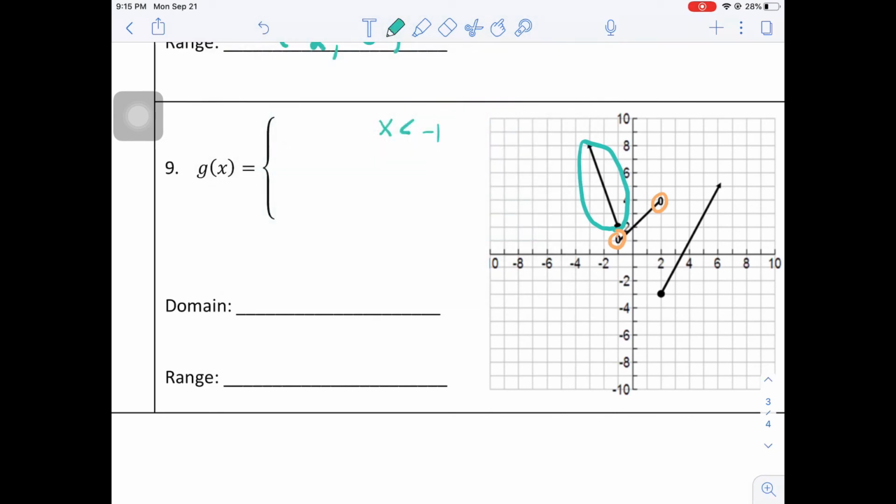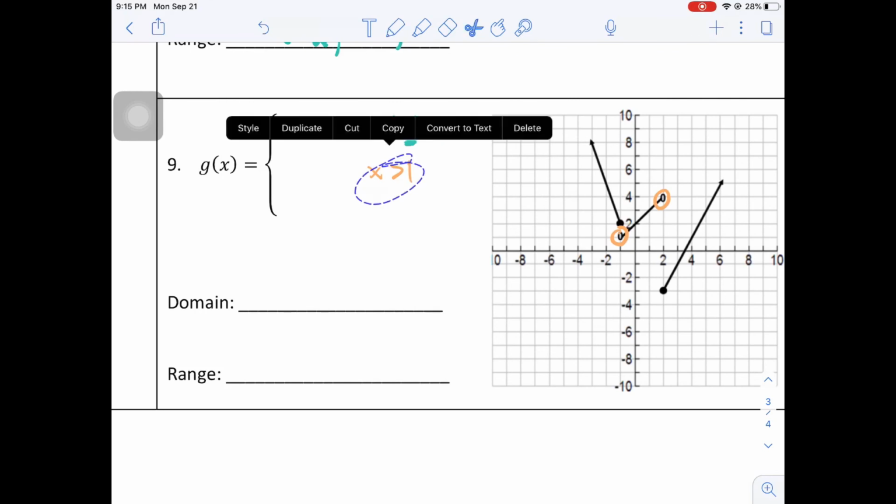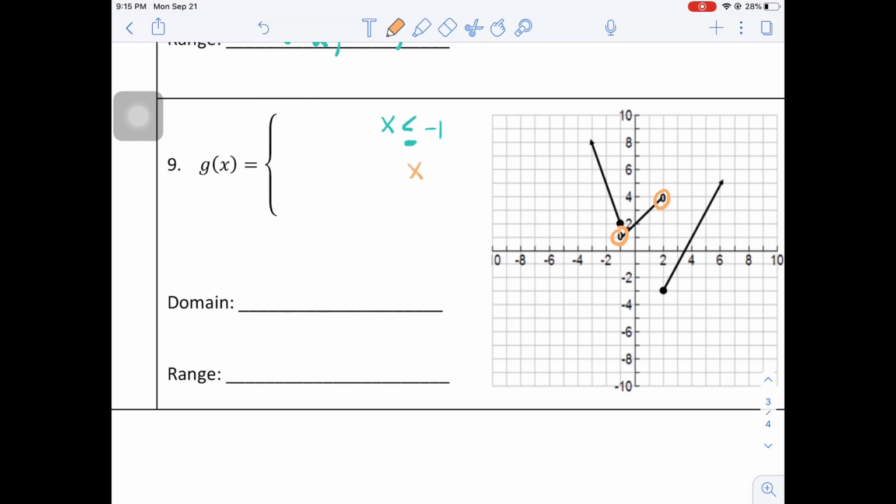Whoops, I just noticed something. This is a closed circle, so we have to say x is less than or equal to. In our next one, we have an open circle, though. So open circle says x is greater than -1. It's always going to be an x in the middle. It's greater than -1, and then it's less than this 2 right here.